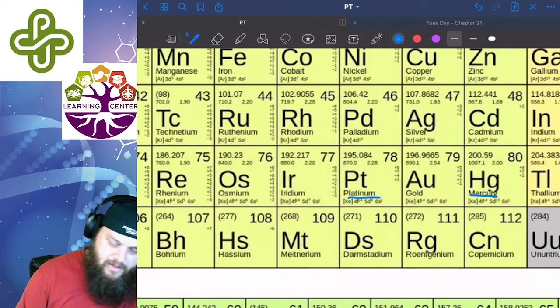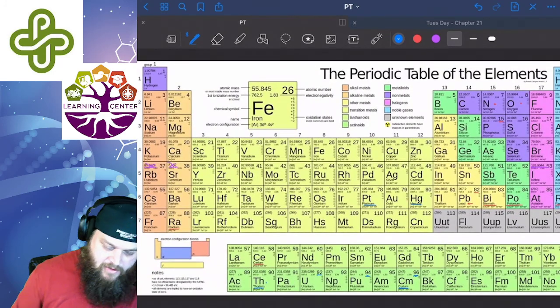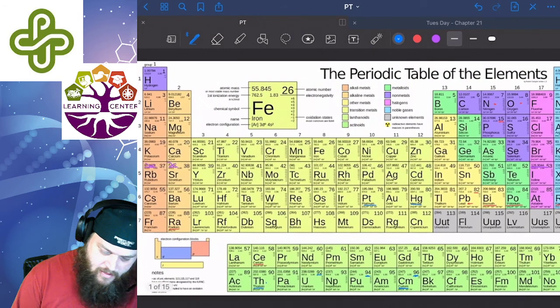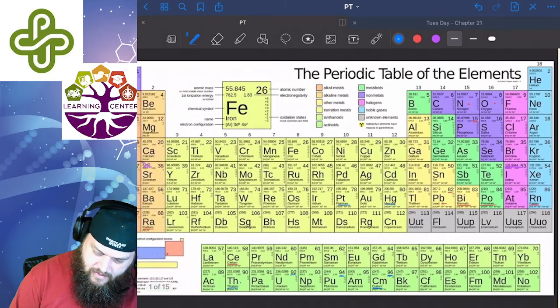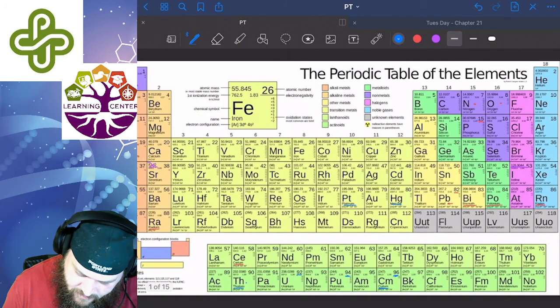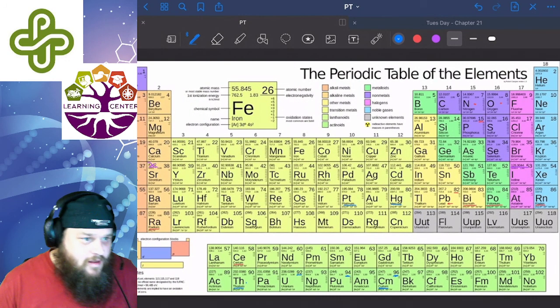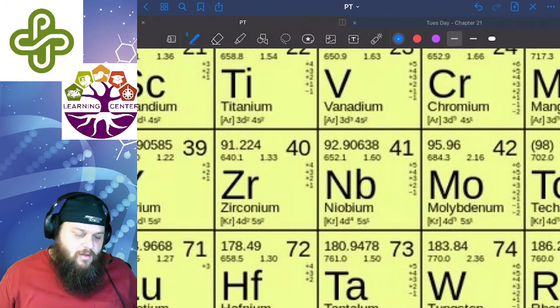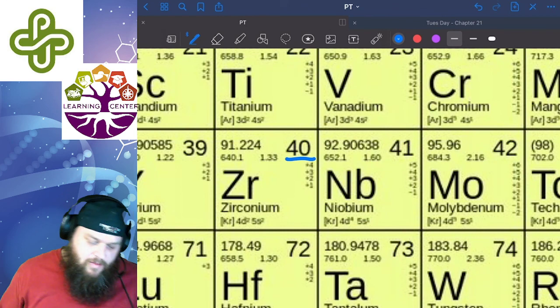So hopping over here to find zirconium on our periodic table, I can never find these quickly. There it is, number 40 on the periodic table, zirconium.